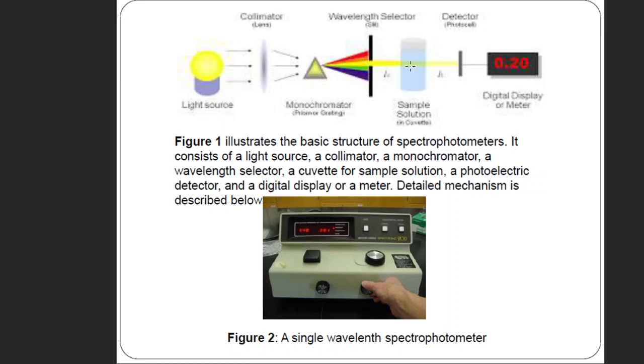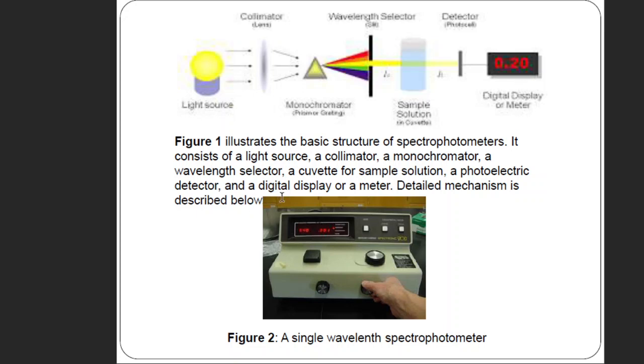Based upon this, a small amount of light is taken up by the sample, which is called absorption, and the remaining light is given out. When this yellow radiation passes through the object, it is collected by a detector and can be further quantitated. So this is actually the working of our instrument.